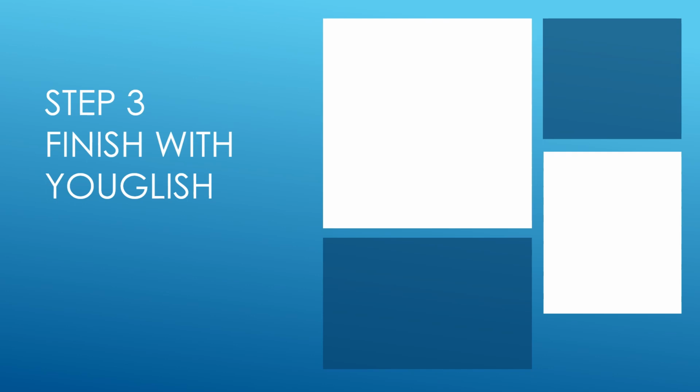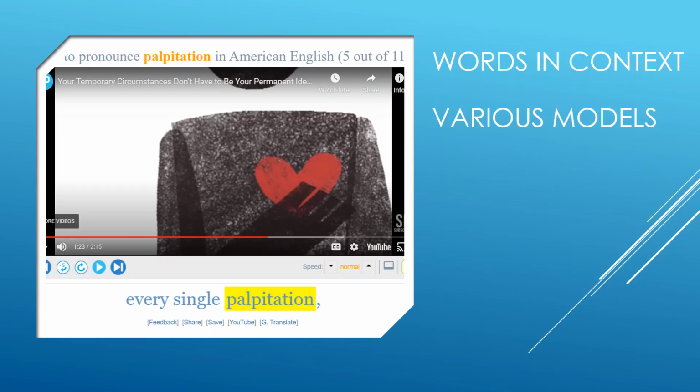Step 3 is to put it all together and finish with Youglish. Youglish is my favorite go-to English pronunciation resource. This is the place where you can type in the word and you can listen to various models repeating the words in context.